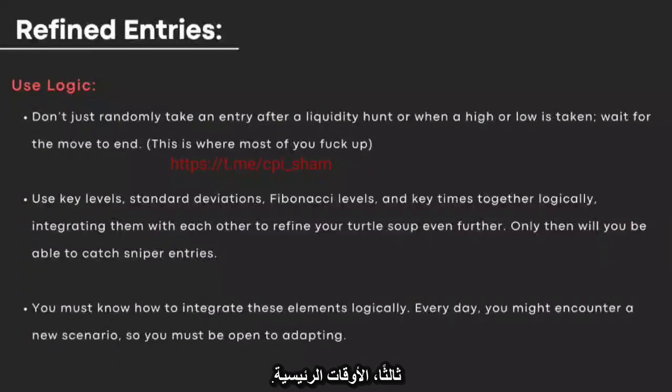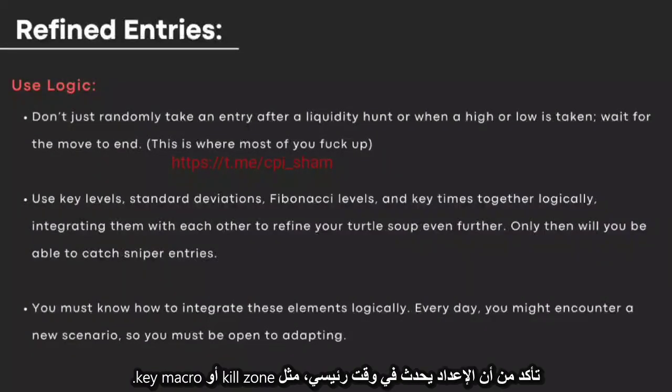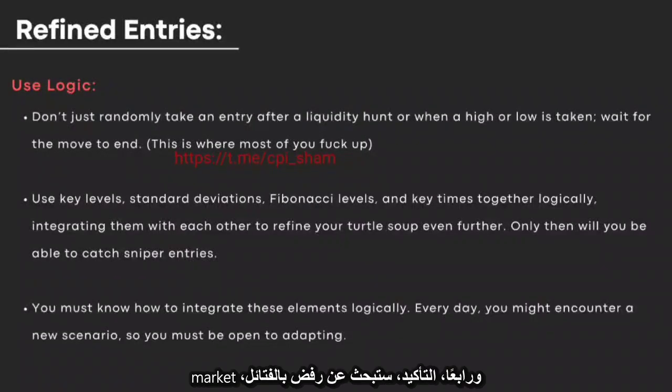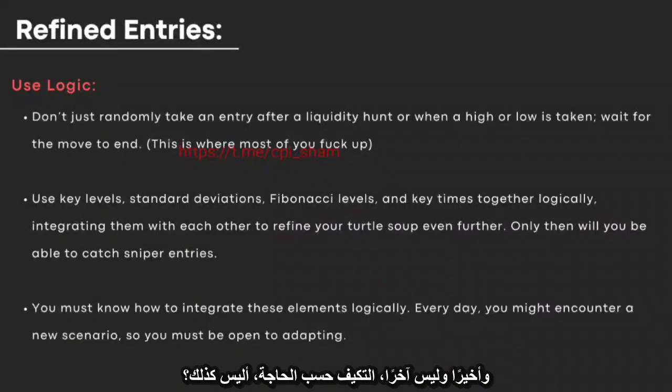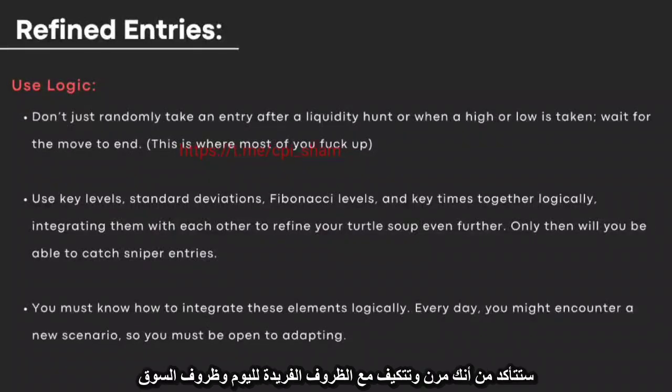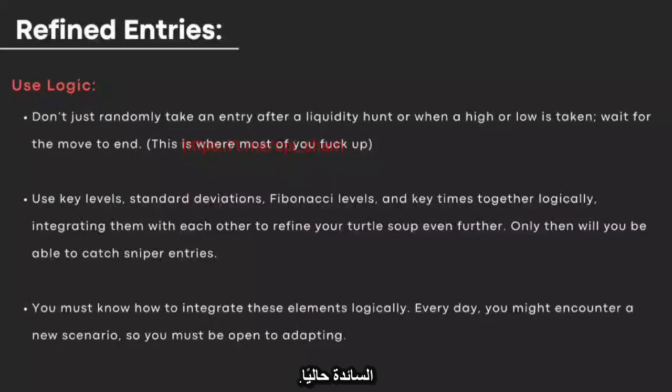Number three, key times: make sure that the setup occurs at a key time, such as a kill zone or a key macro. And number four, confirmation: you're going to look for a rejection of wicks, a shift in market structure, or lower time frame setups before entering. And then last but not least, adapt as needed, right? You're going to make sure that you are flexible and adjust to the day's unique conditions and the market conditions that are currently prevailing.